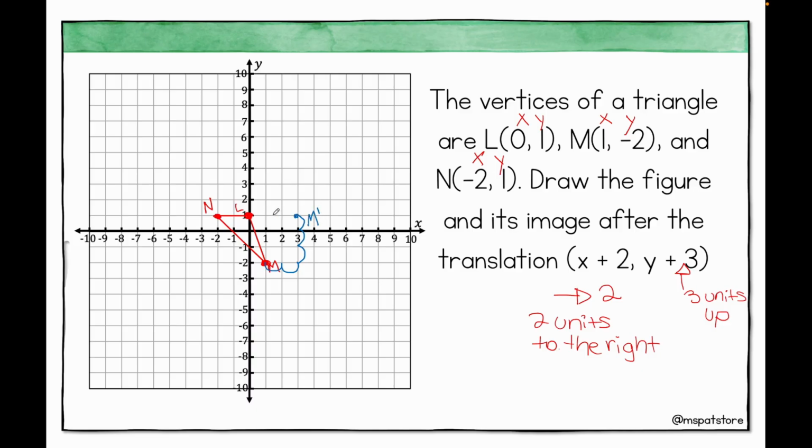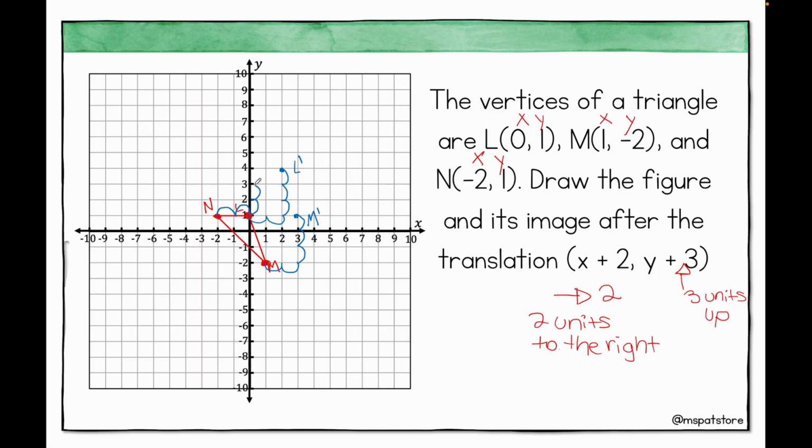Let's go with L. 2 units right. 1 and 2 and 3 units up. 1, 2, and 3. Here it is L prime. Now let's do the last one. 2 units to the right and 3 up. 1 and 2 and 3 up.